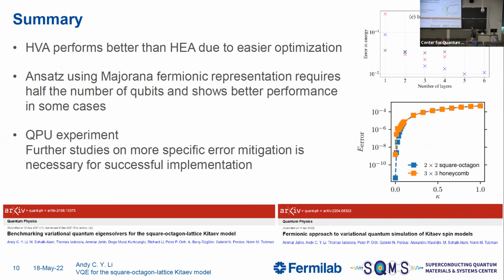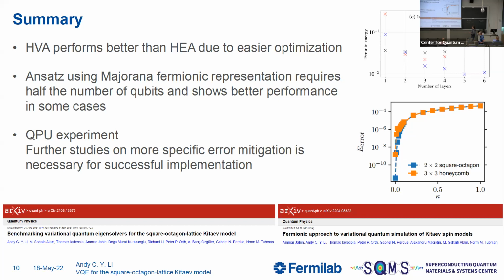So we can go one step further to look at the Majorana fermionic representation, and then it is not just easy to optimize, it also requires half the number of qubits. It appears that if we take a little bit more information from the model, that could be the way we can push forward VQE toward maybe an advantage.